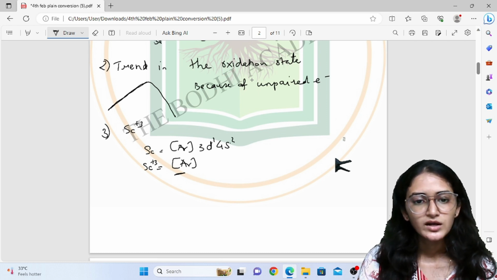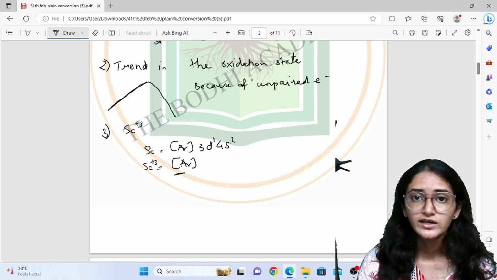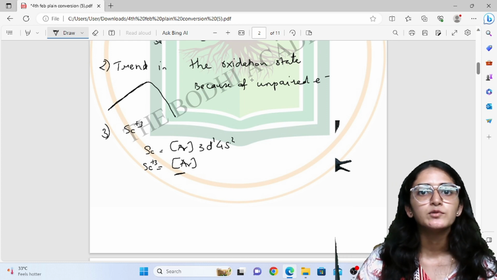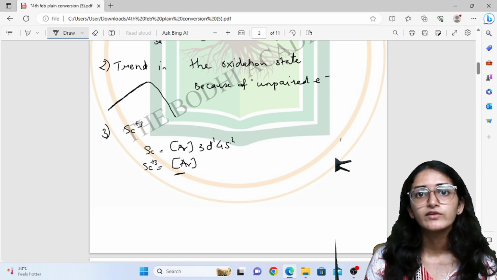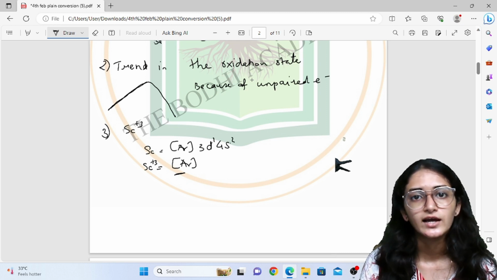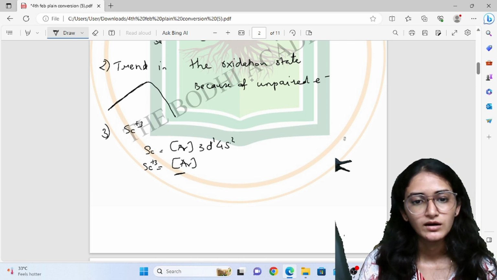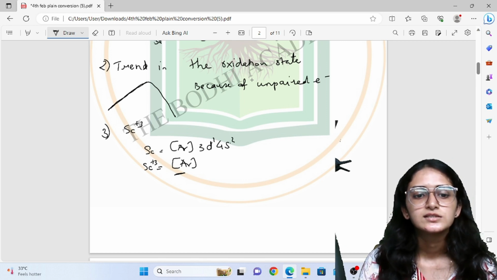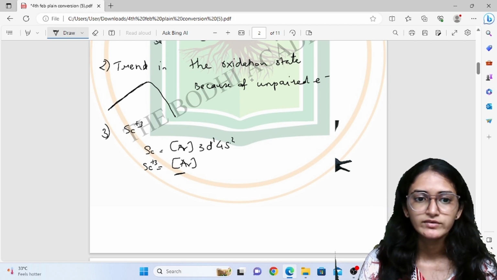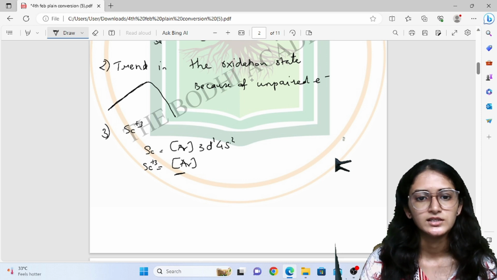That's why it does not have any unpaired electron. And for D block elements or transition elements to give color to a compound, they should have at least one unpaired electron. Since we have no unpaired electrons here, this is a stable configuration, so the scandium compounds are colorless, they do not have color.